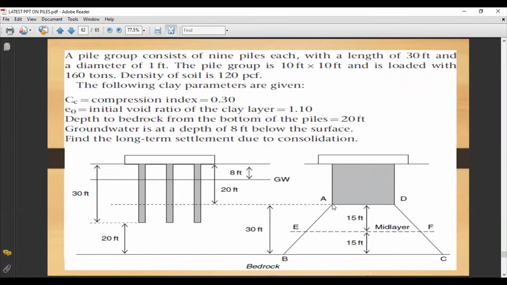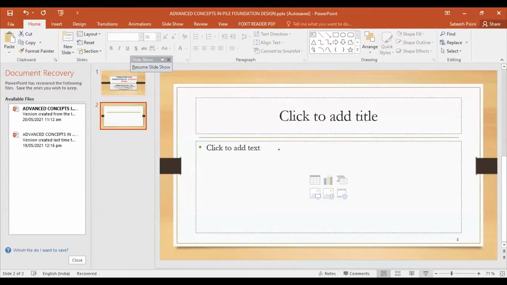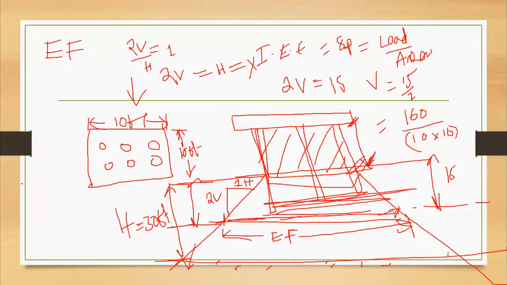The rest of the portion is here to here, here to here. Let me explain over there. In this diagram, there are 3 piles, and the pile length is going to be extended something like this.